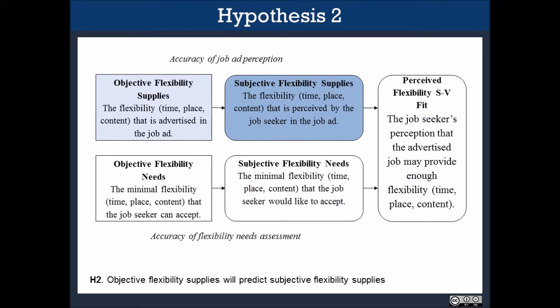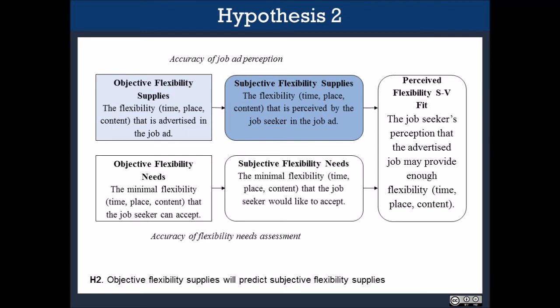The second hypothesis is to avoid this direct measurement of supplies that we cannot do. So the second hypothesis is trying to predict subjective supplies from objective supplies.